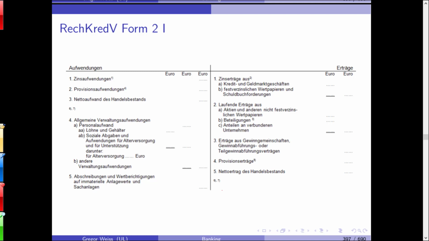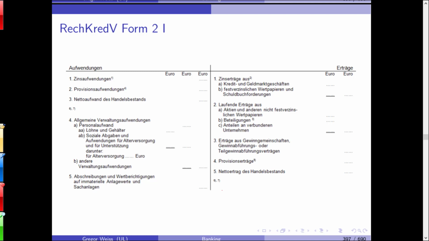On the right-hand side, you see income, interest income, and you also see current income from securities, from companies this bank has a stake in, and under 4 you can see provisions and commission fees.